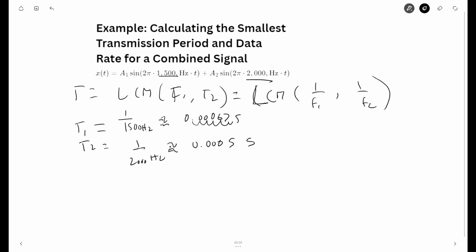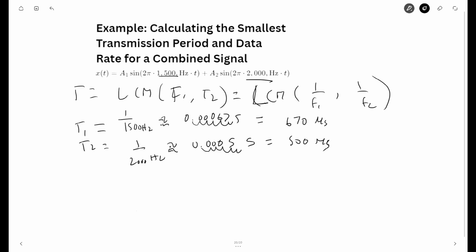So this will be equal to 670 microseconds, and this one, 1 2 3 4 5 6, is equal to 500 microseconds.